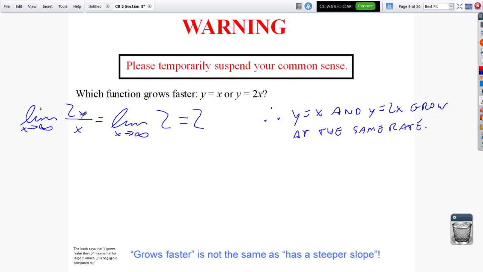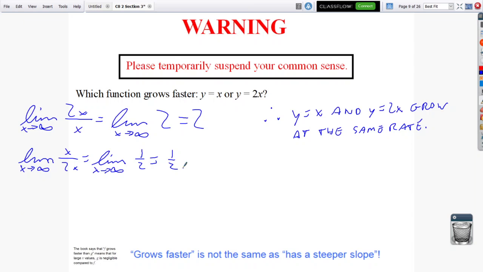I am going to point out, again, it doesn't matter which one goes on top, which one goes on bottom, because we have limit as x approaches infinity of x over 2x is equal to the limit as x approaches infinity of 1/2, which is just 1/2. And we get a number that's not 0. Again, for the same rate, we just want a number that is not 0.